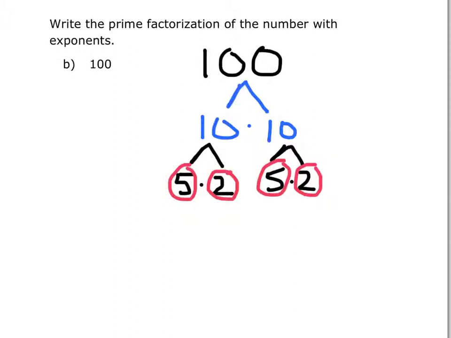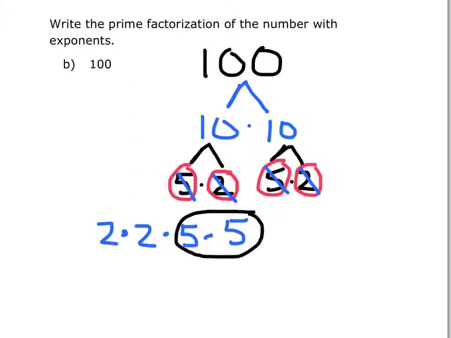So now notice the prime factorization here is going to be 2 times 2 times 5 times 5. Okay? But it says write the prime factorization of the number using exponents. So right here I'm multiplying 2 5's times each other.